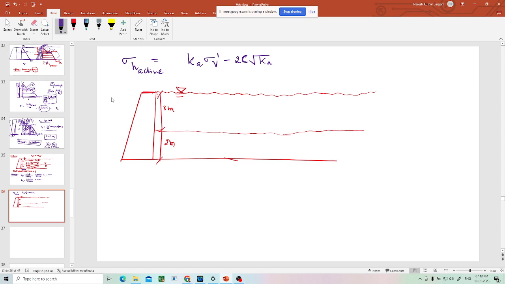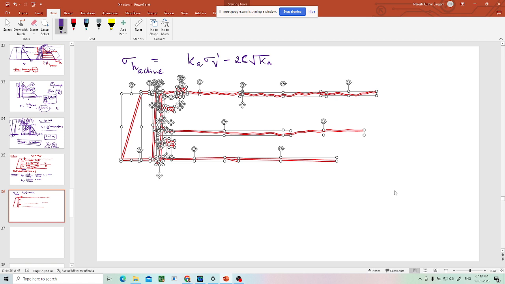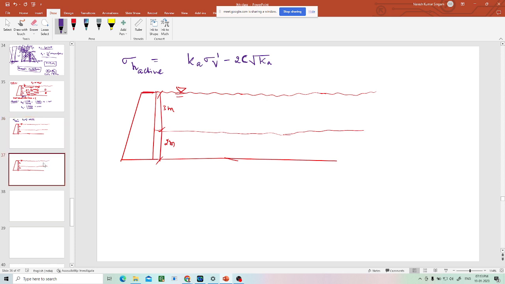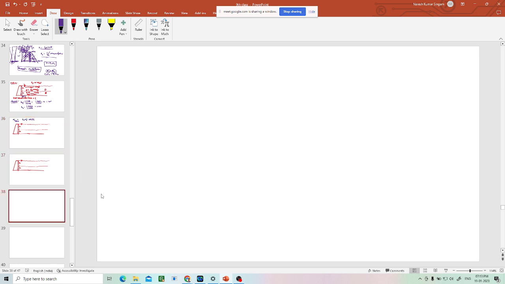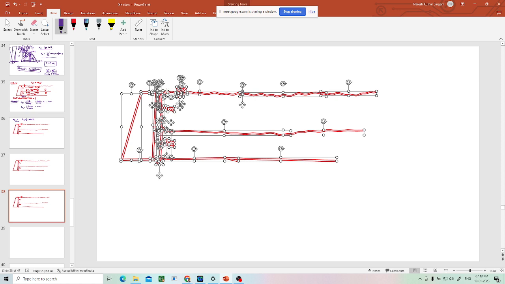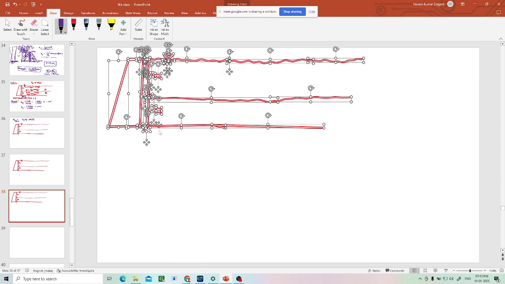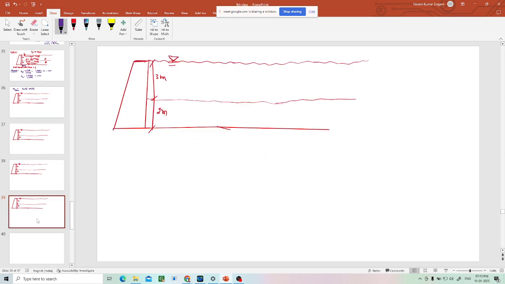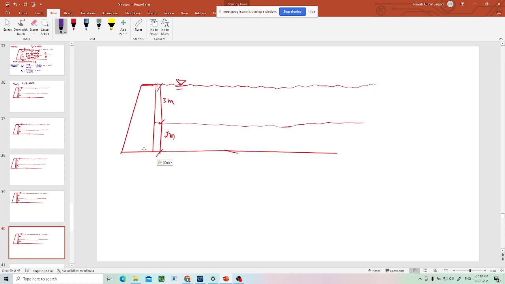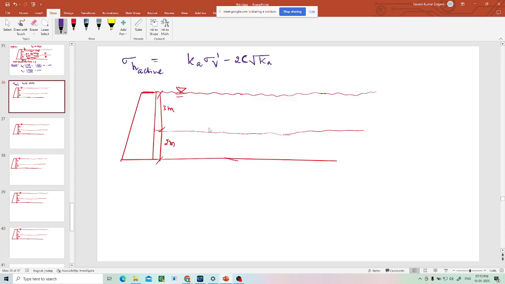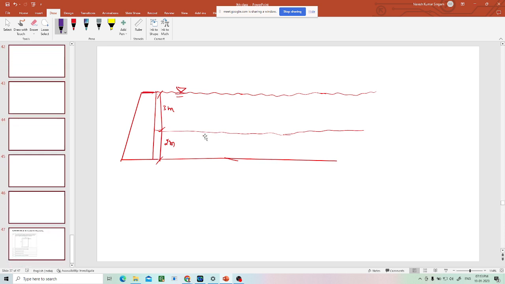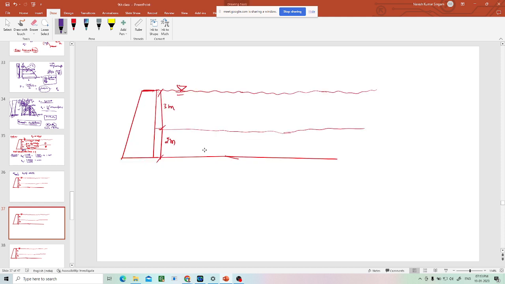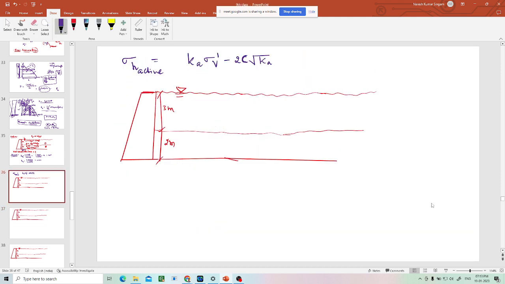I'll just copy paste right now. That will be good. We need this diagram in almost every page. Okay. Now we are here.